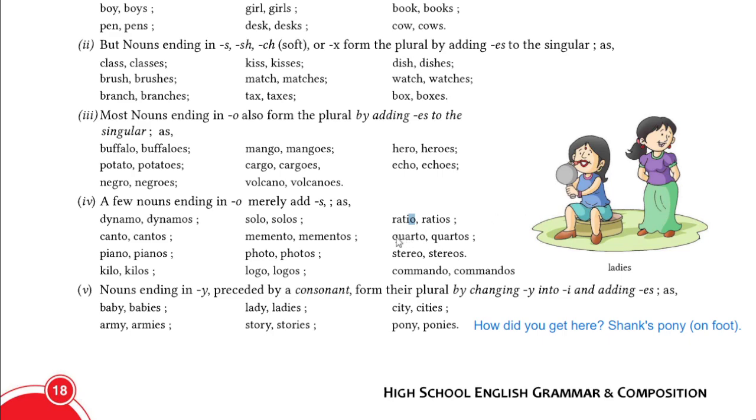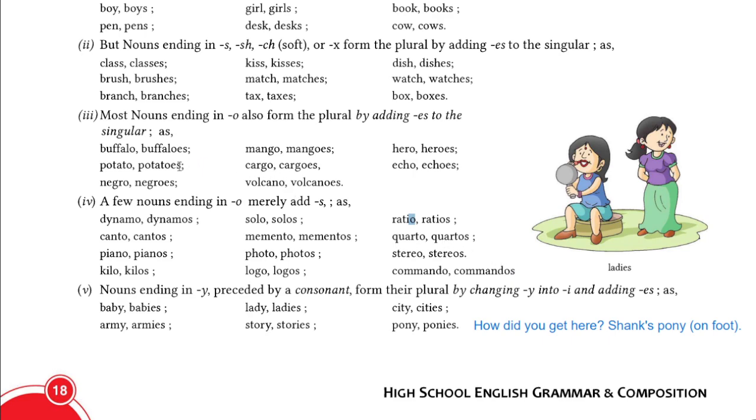Quarto ends in o, but it would take only s to form its plural. Stereo. Stereo ends in o. It would take only s at the end, and we would get a plural form, stereos. Commando ends in o. S is added, and we get commandos.